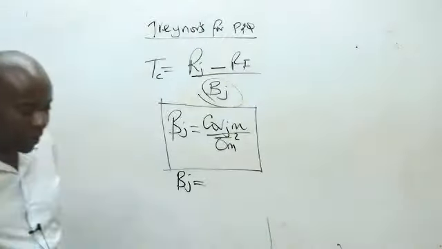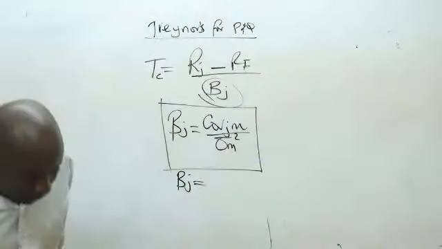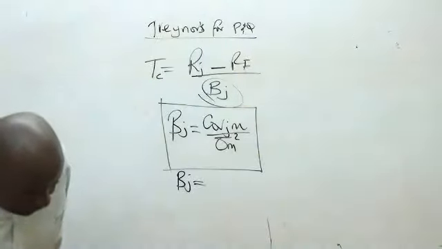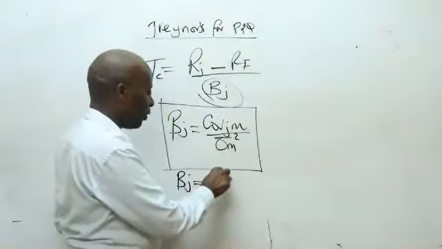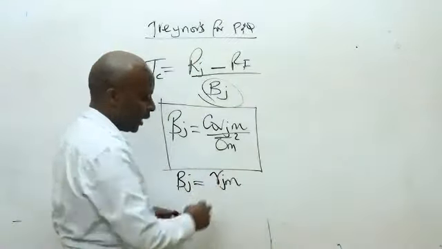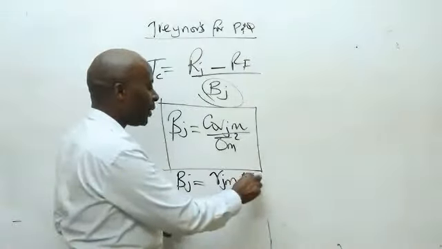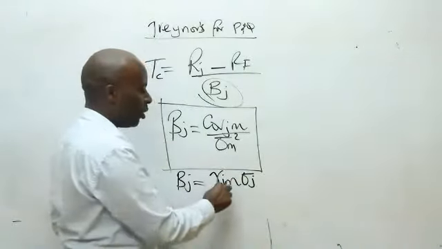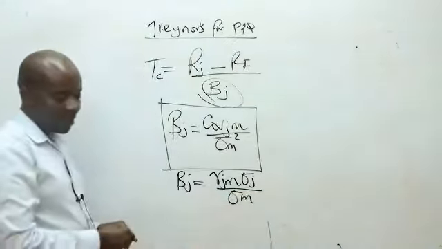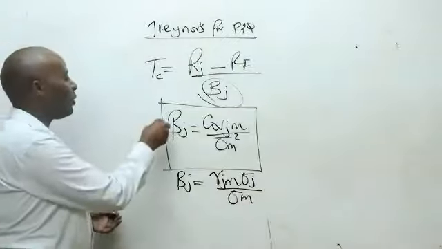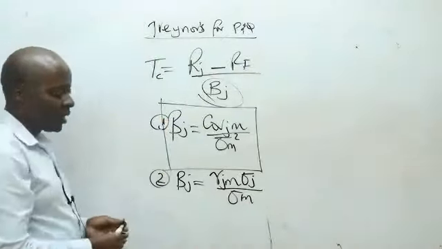It will be equal to the correlation coefficient between J and M, but this time I must multiply by the standard deviation of J, all over the standard deviation of the market. So these two formulas, whenever I'm going to any advanced FM class, I have to remember them.